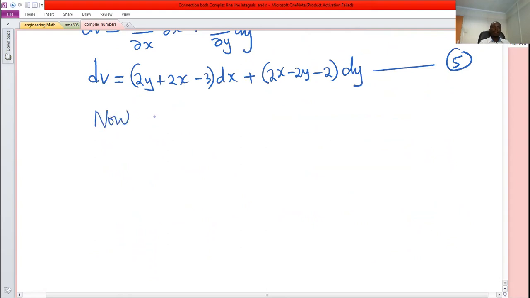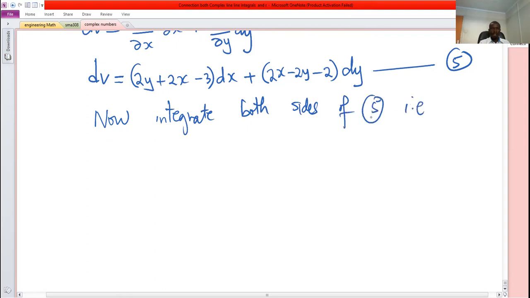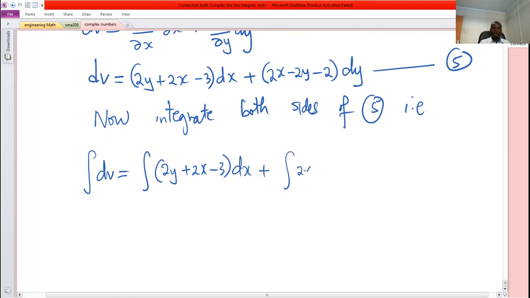Now integrate both sides of 5. That is integral of dv equal to the integral of 2y plus 2x minus 3 dx plus integral 2x minus 2y minus 2 dy.